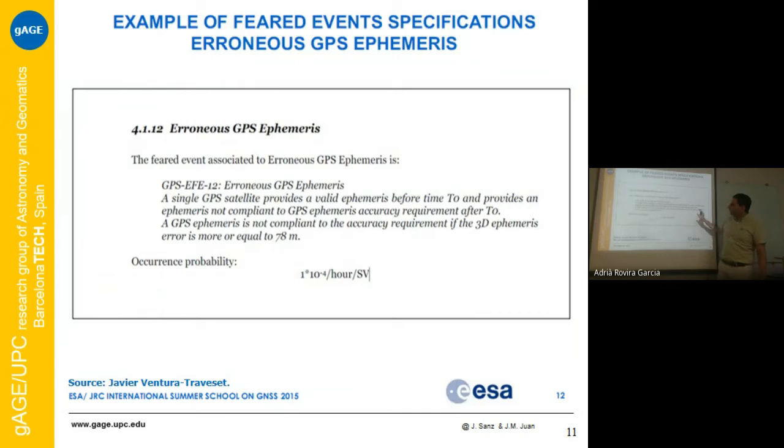For example, we can see the erroneous GPS ephemeris. Then we have this description, and then these probabilities. For example, 10 to the minus 4. This is the probability per hour per space vehicle of this failure.